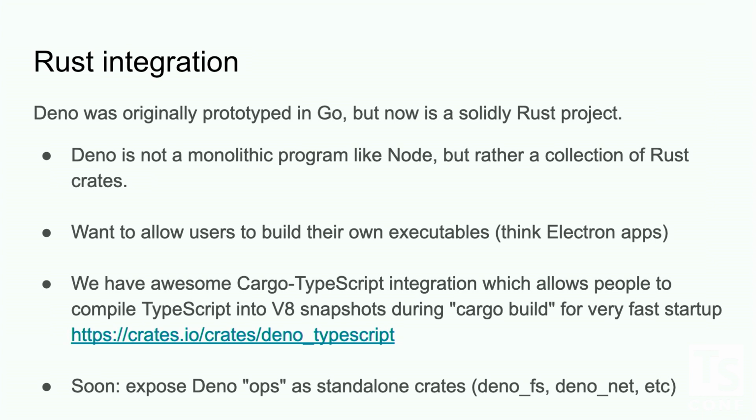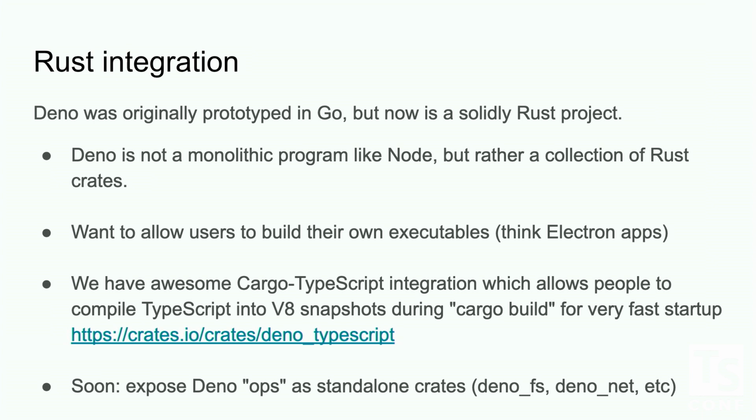Yeah, in particular, the use case I'm interested in is this Electron use case, right? There are Node apps that are essentially shipping their own executable, or their own runtime, right? You could think of it that way.